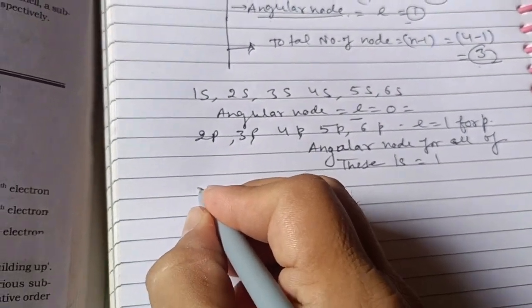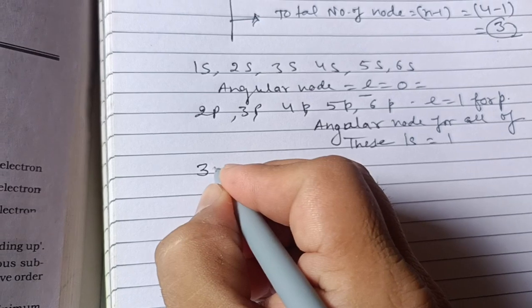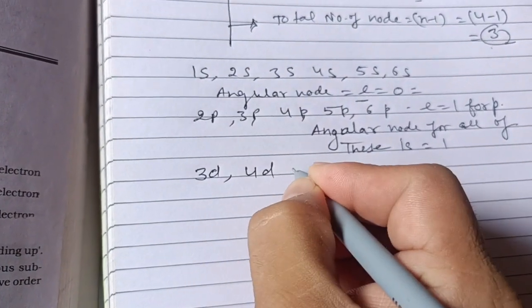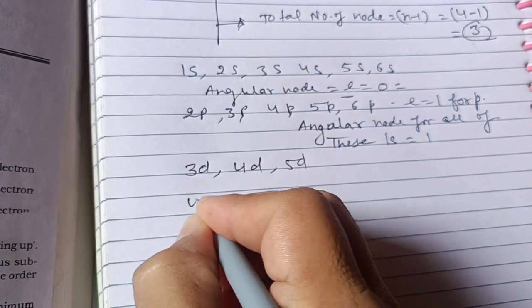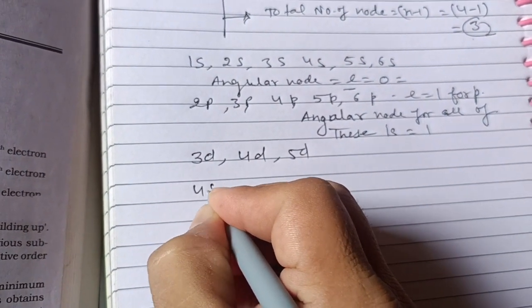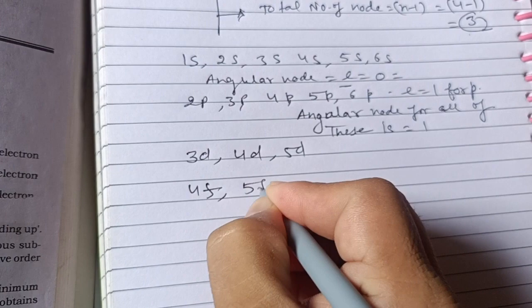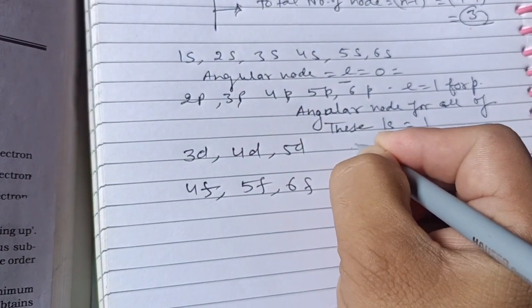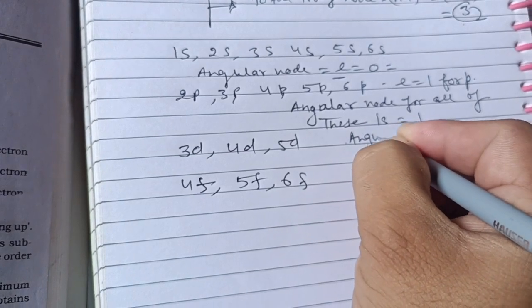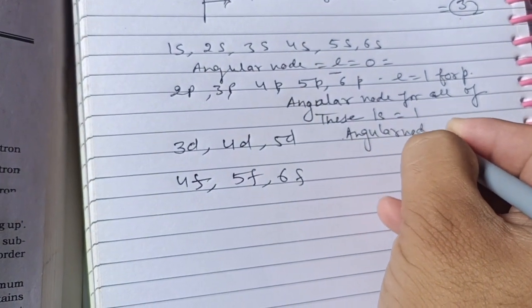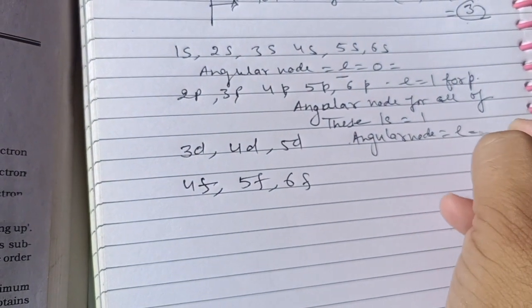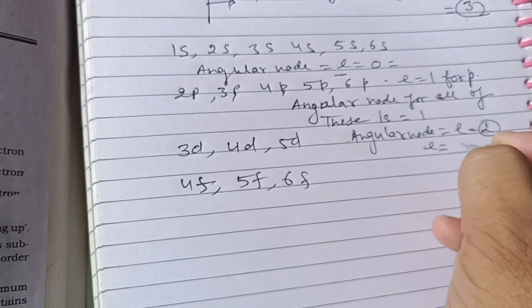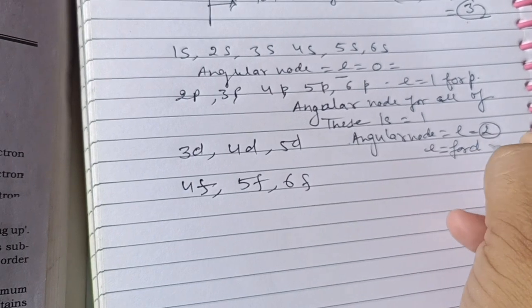For 3d, 4d, 5d, and 4f, 5f, 6f: for d, angular node is l equal to 2, since l for the d subshell is 2.